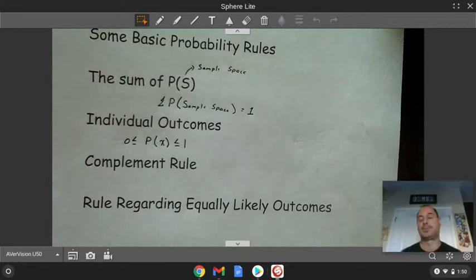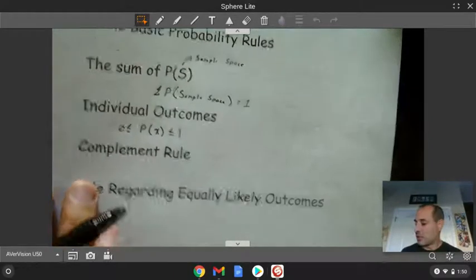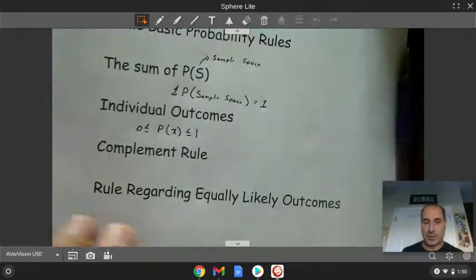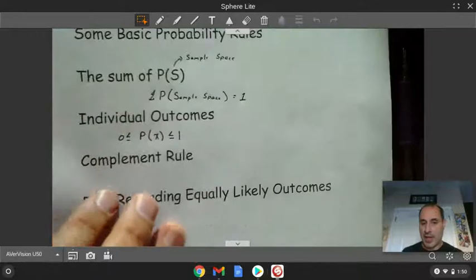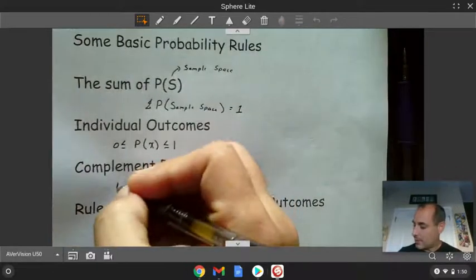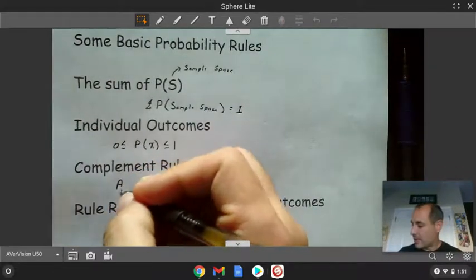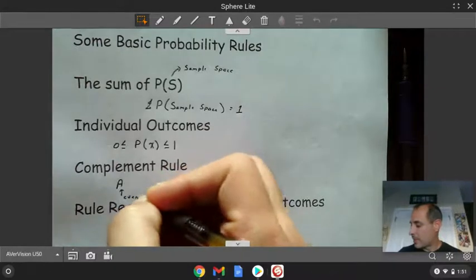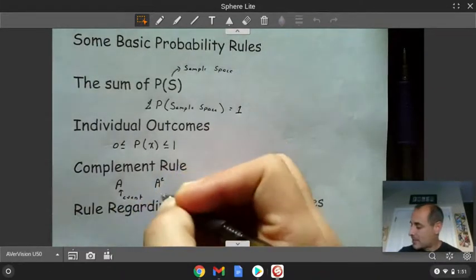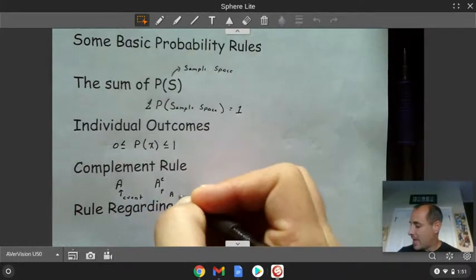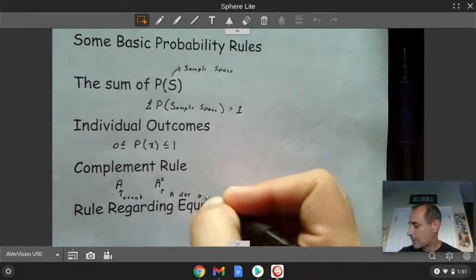Right? No problem. Now, let's talk about complements for a moment. In probability, if I have some event A, then A complement is A not occurring.